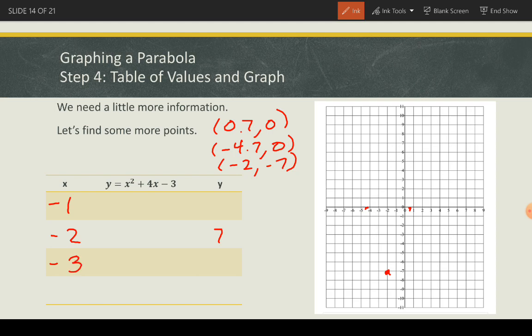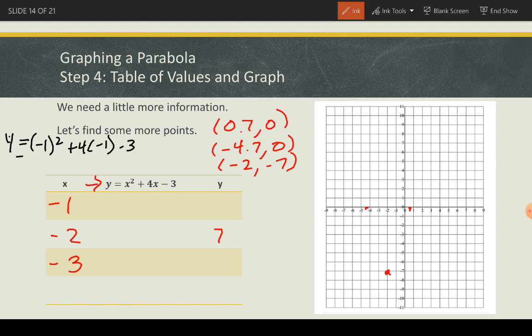So we need to find the y value that corresponds with the x values negative 1 and negative 3. What we have to do is plug those values back into our original quadratic here. So we'll do the first one. We'll have y equals negative 1 squared plus 4 times negative 1 minus 3.